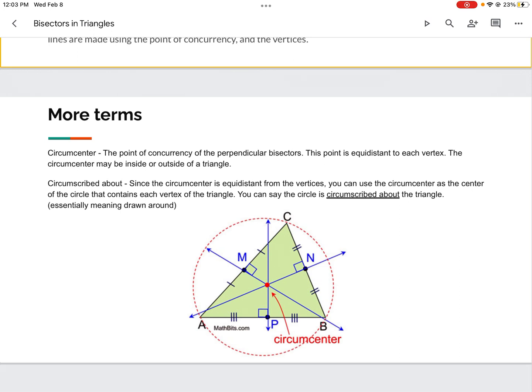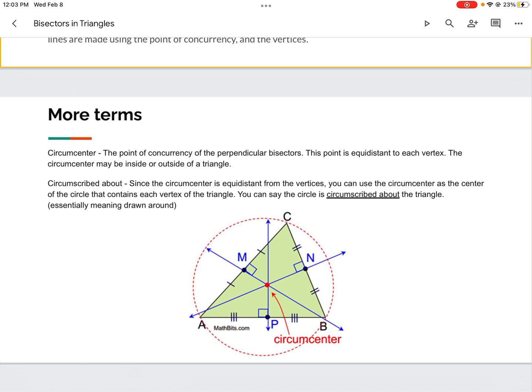Now I have this term circumscribed, not circumcised, circumscribed about. If I say something is circumscribed, we can use the circumcenter to create a circle. That red dotted circle is a circle circumscribed about the triangle.